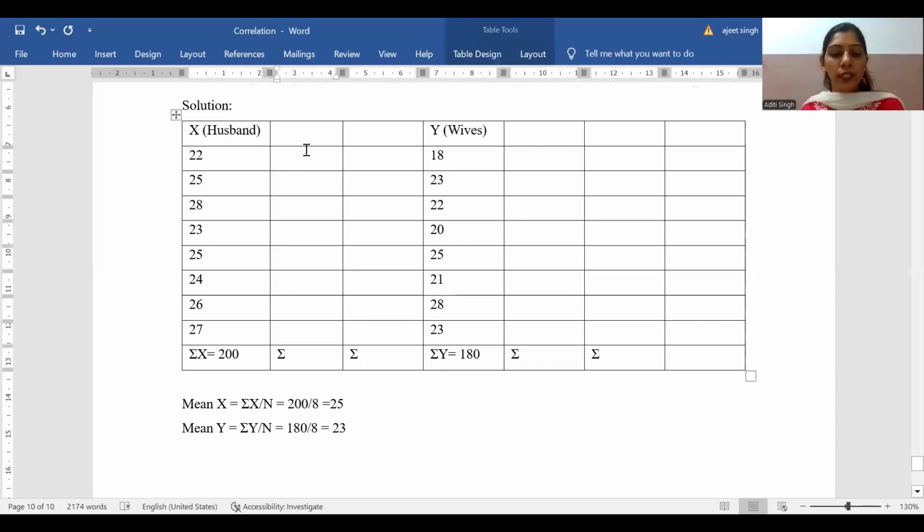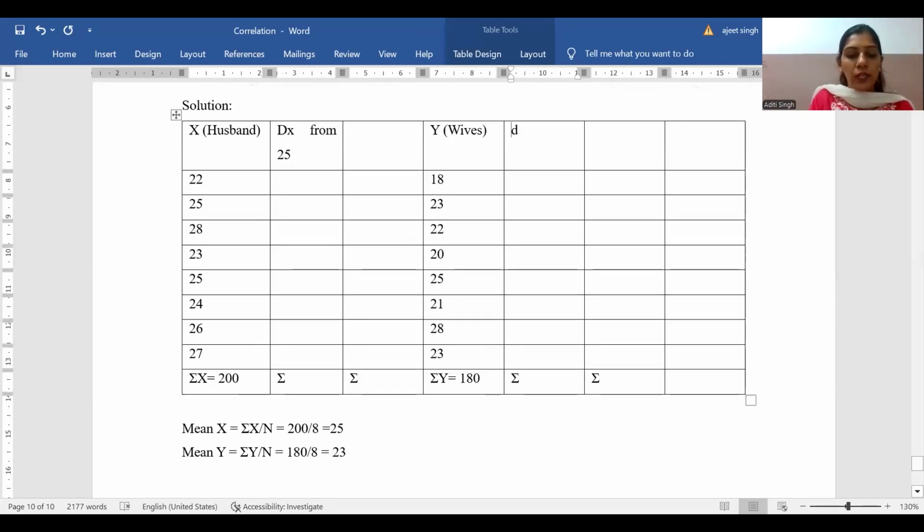Now we have to calculate the value of dx from 25, and dy from 23.